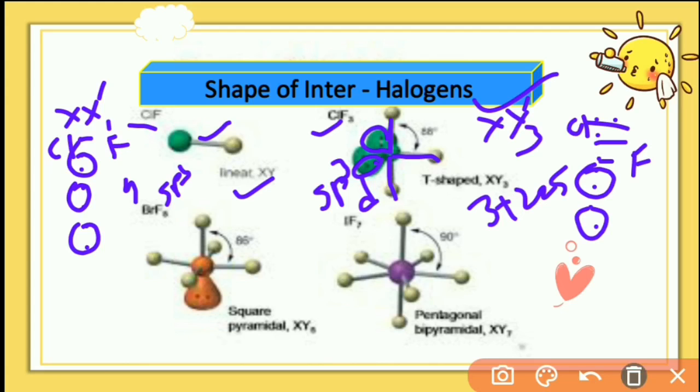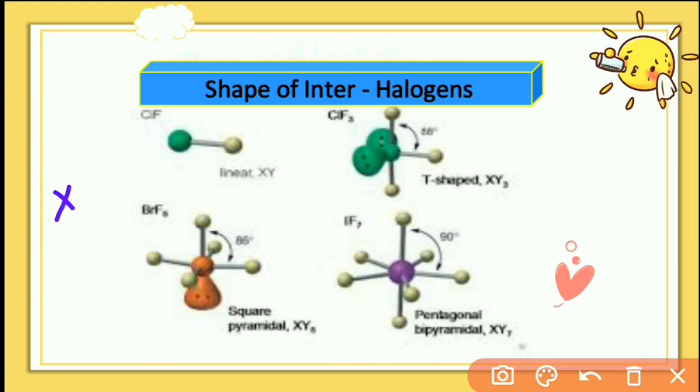Next type is X-5 type, for example BrF5. Here also the bromine atom has 7 electrons and 5 electrons form bonds with fluorine atoms.